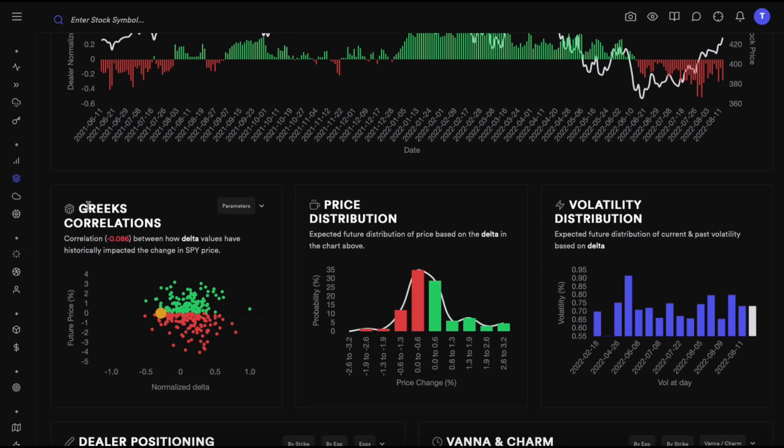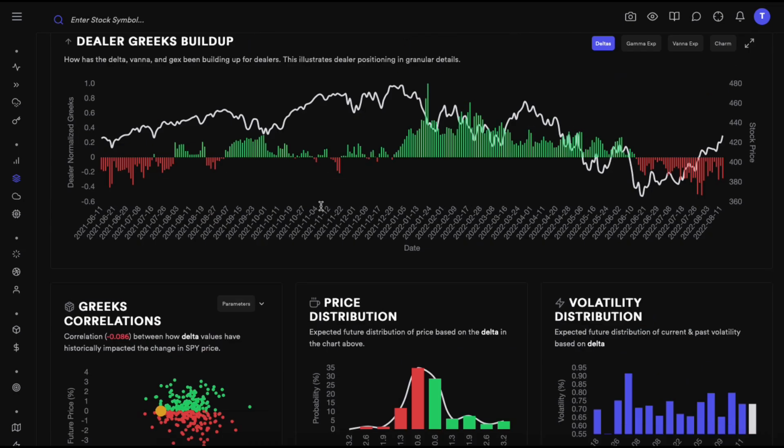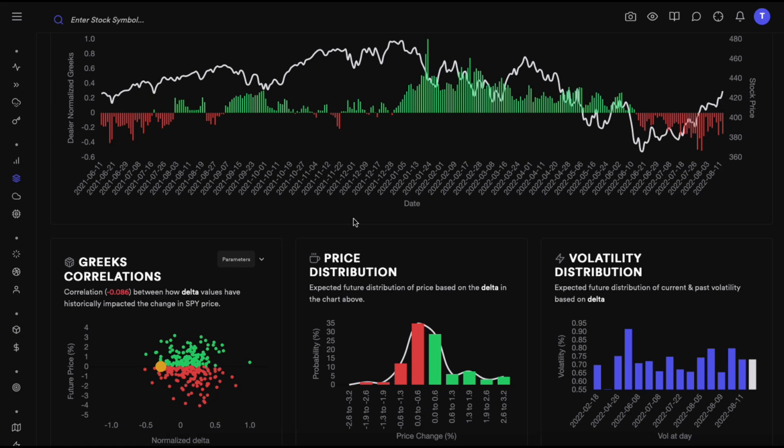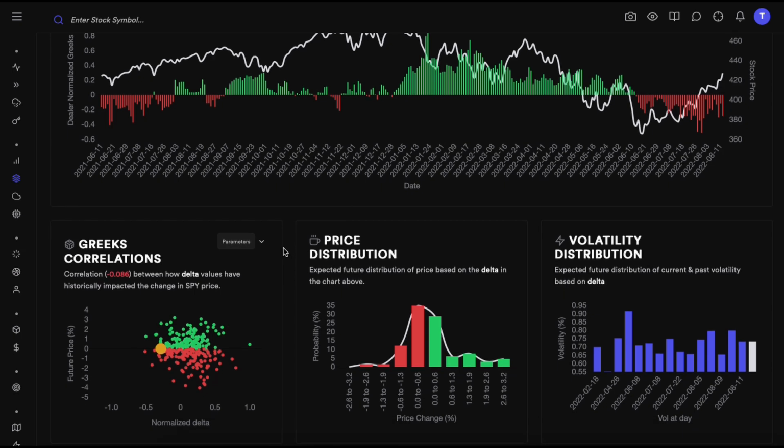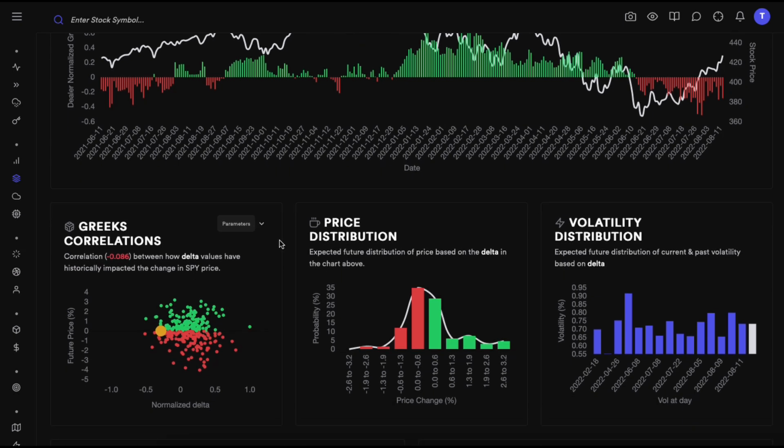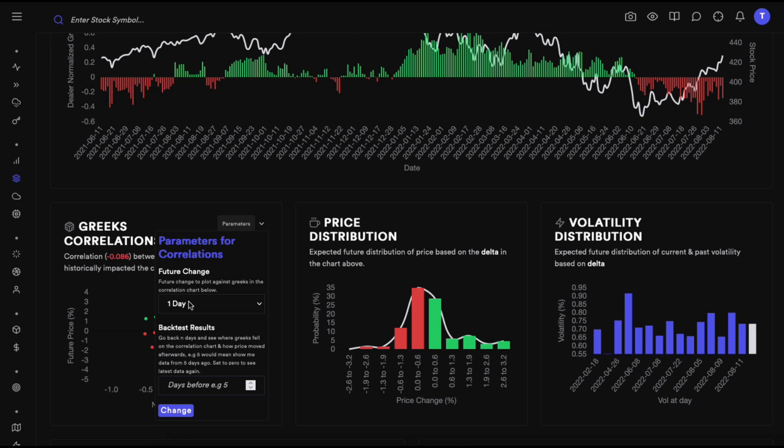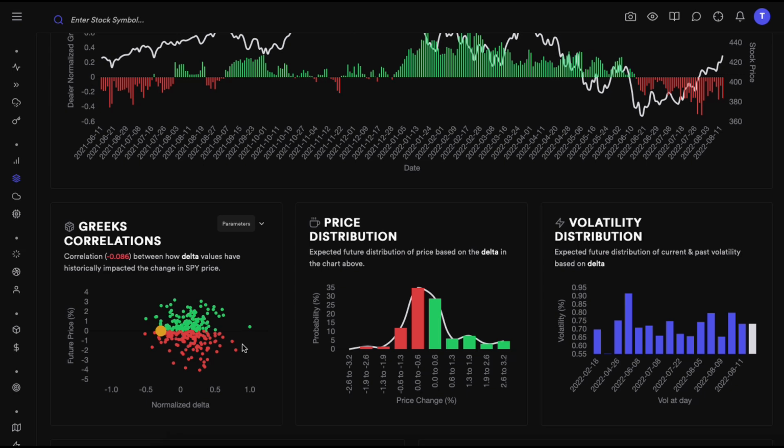So what this is showing is, with each normalized delta, with each of these bars, which is the normalized delta on that particular day, how did the price react the very next day? And how do I know it's the next day? Because if you look at the parameters, we are looking at 1 day's future change. This yellow is where we are at right now.